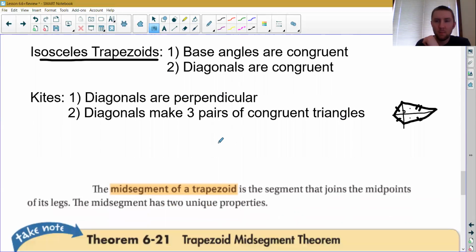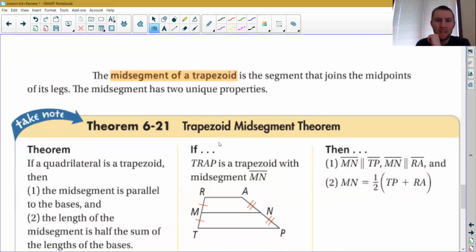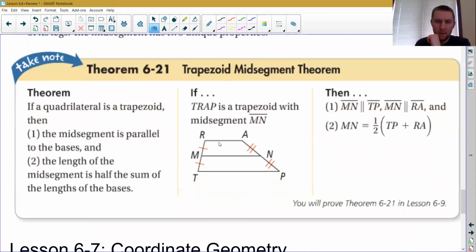And then the only other thing we talked about in terms of trapezoids was the mid-segment of a trapezoid. And that, remember, was the line across the trapezoid that connected the two midpoints of the legs. Okay, not the bases, but of the legs.